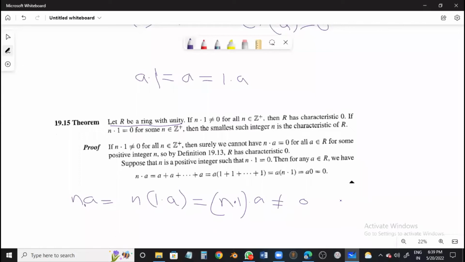If n into 1 is non-zero, then this product cannot be 0. And the same thing we will discuss here: n into a, meaning n times 1 into a, will be 0 only if n into 1 is 0.